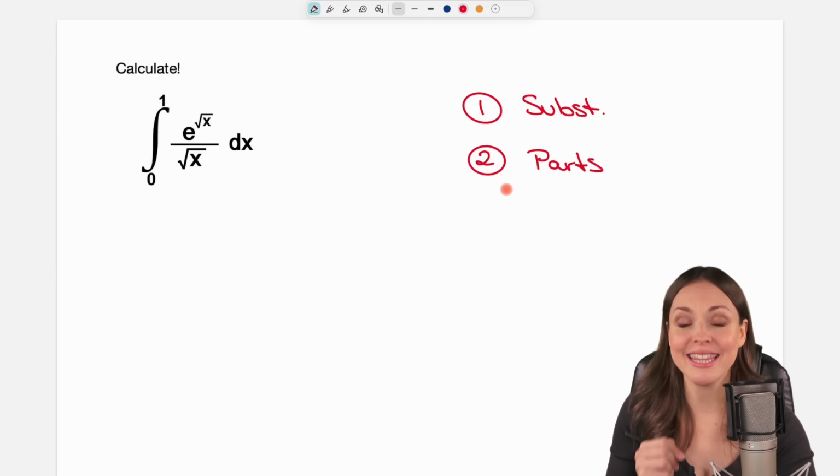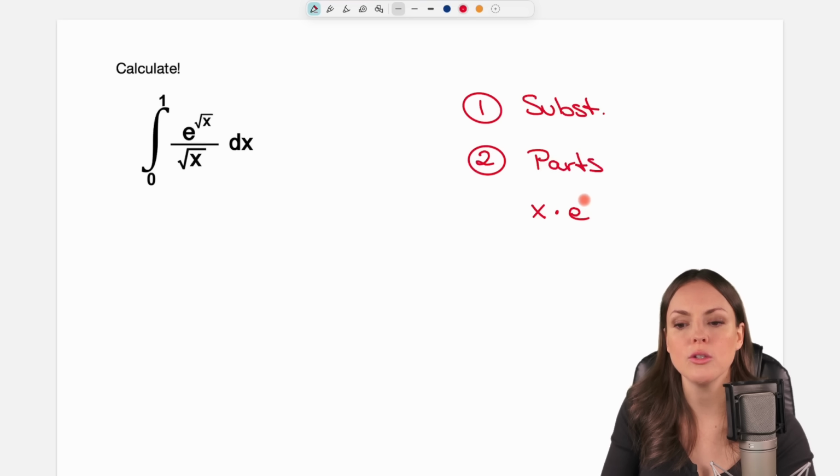But to avoid this, there are some clues that you can take a look at. Integration by parts, for example, you usually use if you have a product of functions, so x times e to the x, for example. Do we have a product here?